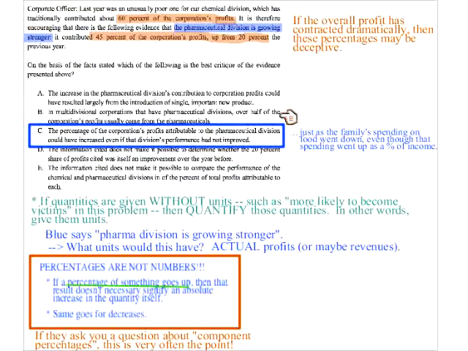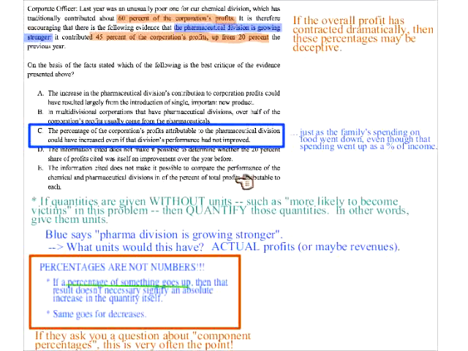E says the information cited does not make it possible to compare the performance of these divisions in terms of the percent of total profits attributable to each. If people picked this, it looks like the word "terms" is missing. I copied and pasted this from a compilation of problems, so there shouldn't be too many typos, but it looks like this should say "in terms of."